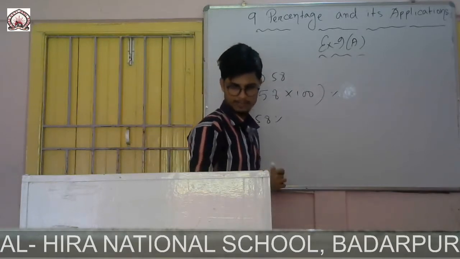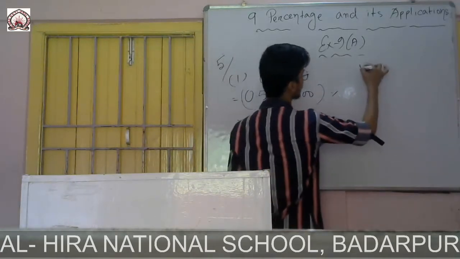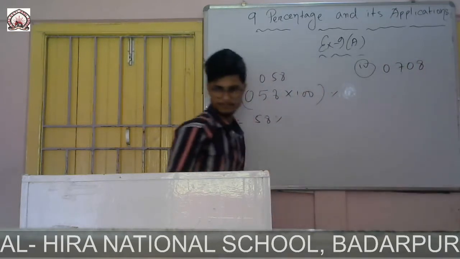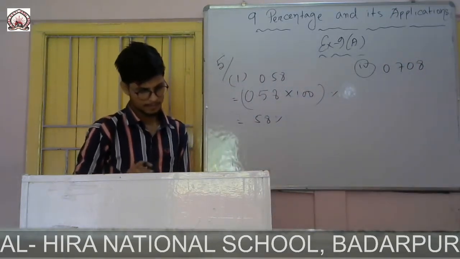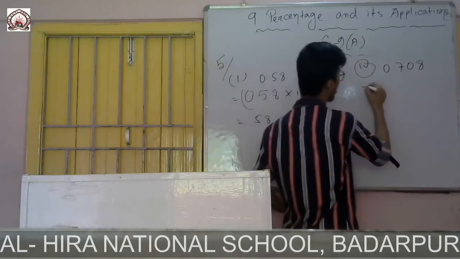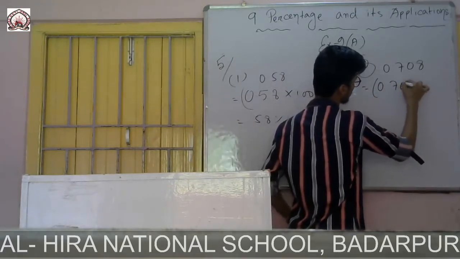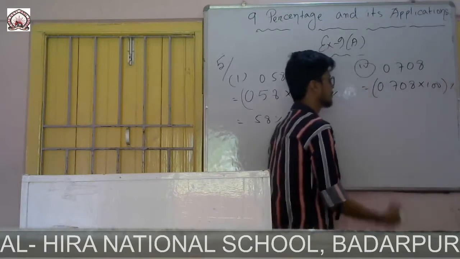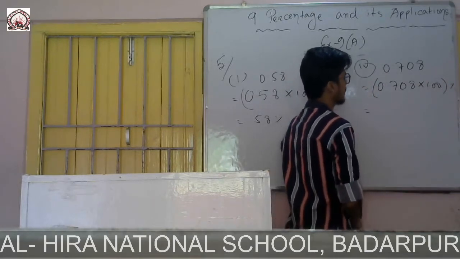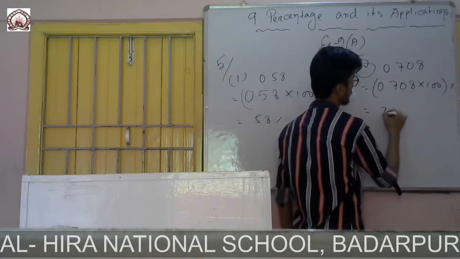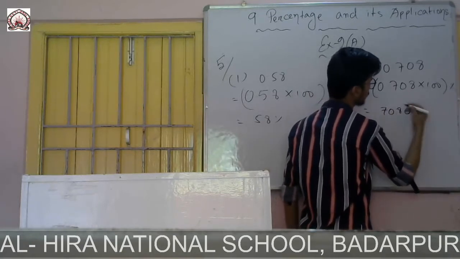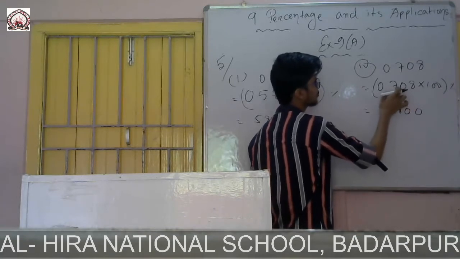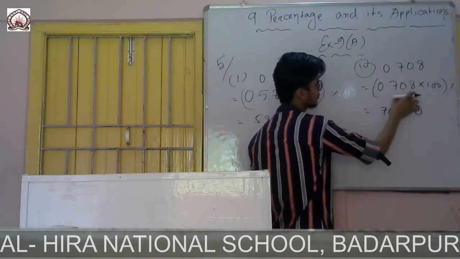Okay, let me do Roman number 4. It is 0.708. Simply you multiply it by 100. 0.708 into 100. To convert into percent, we have to simply multiply it by 100. So if I multiply it, it will be 708 and then 00. And you see after how many places the decimal is there? 1, 2, 3. After 3 digits, the decimal is there.